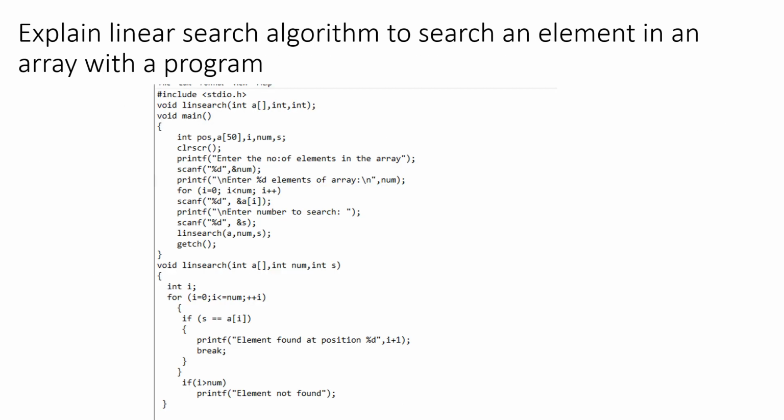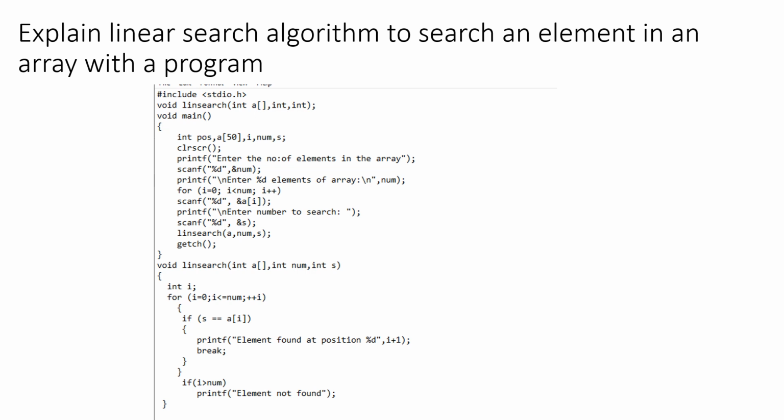Now explain the linear search algorithm to search an element in an array, with a program. So you first need to explain the linear search algorithm. As we all know, the linear search algorithm is for searching an element in a linear array or a single dimensional array. This is the most basic form of searching algorithm.